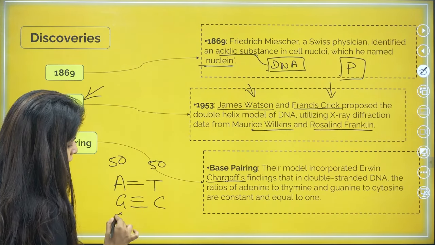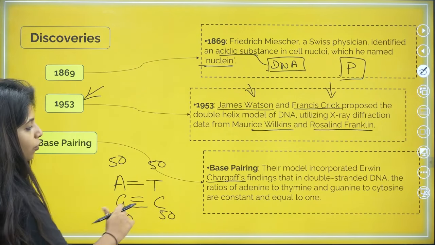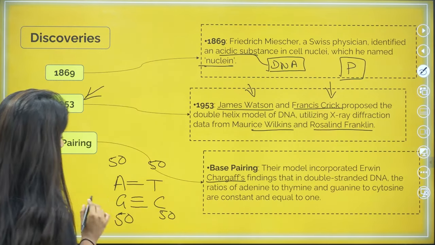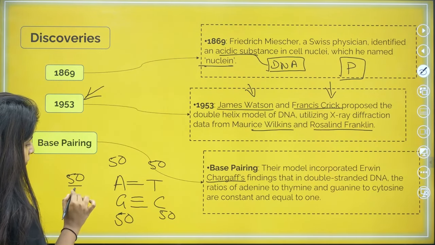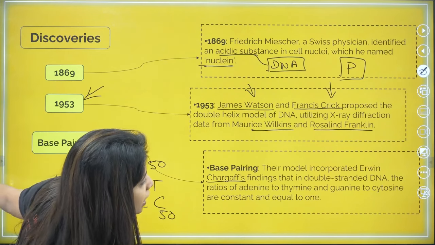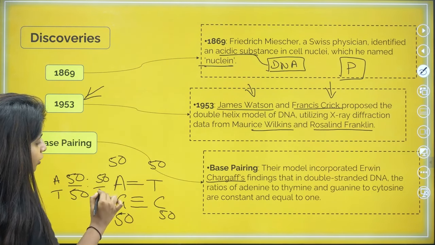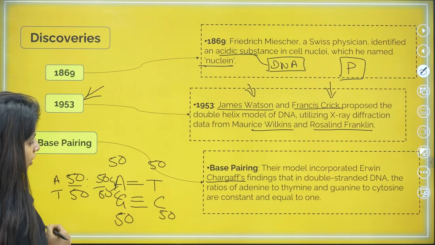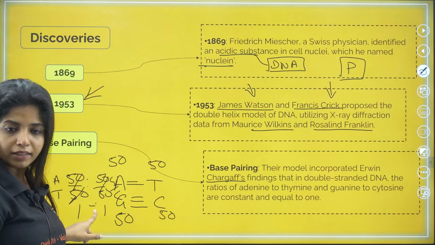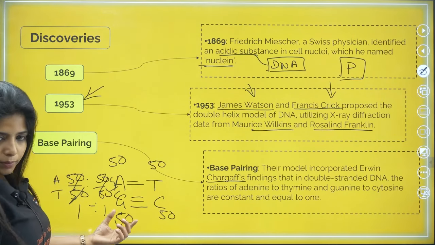If 50 guanine is there, 50 cytosine also will be there. Agreed? So the ratio of adenine to thymine, 50 by 50, and guanine to cytosine, again 50 by 50, will be equal to 1. They would be equal to 1, right, my dear children, because both of them are going to be the same.